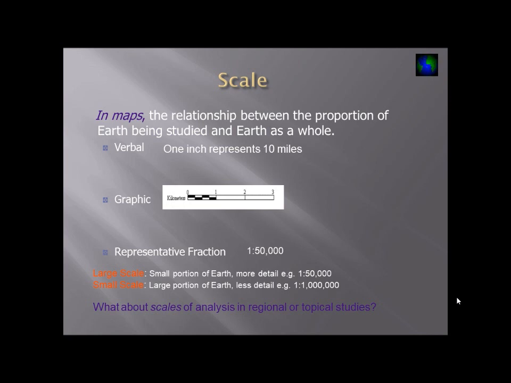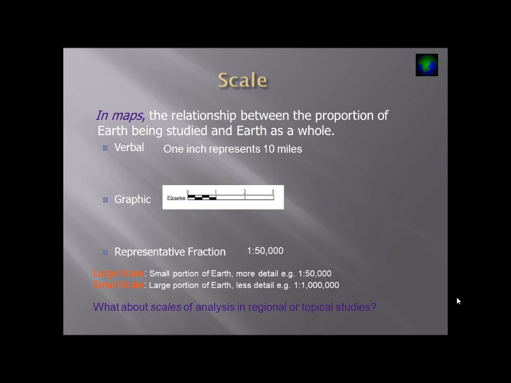Representative fraction is the most versatile, meaning that 1 unit of anything you measure on the paper surface is equal to 50,000 of the same unit in the real world. So you could have a yardstick or ruler and measure 1 inch, and that would equal 50,000 inches in the real world.